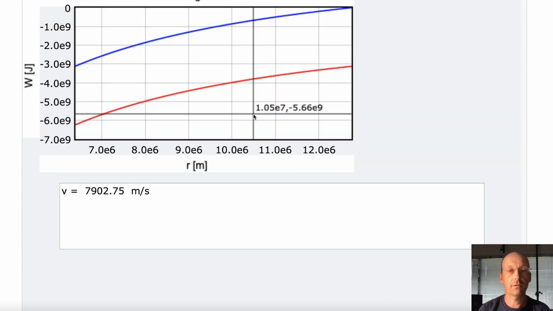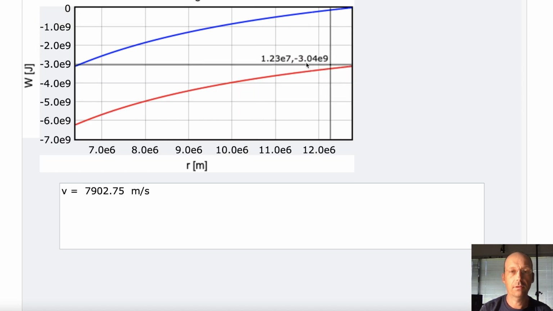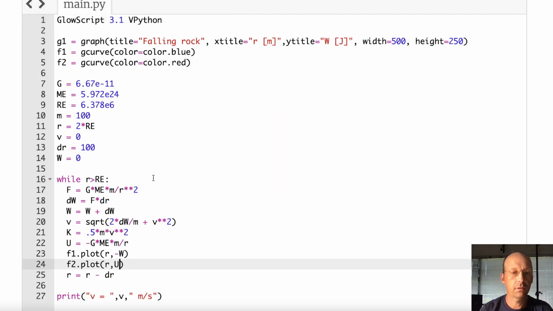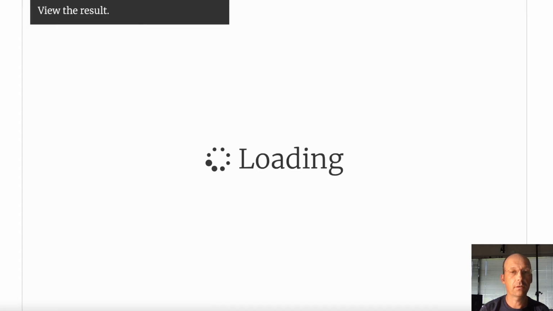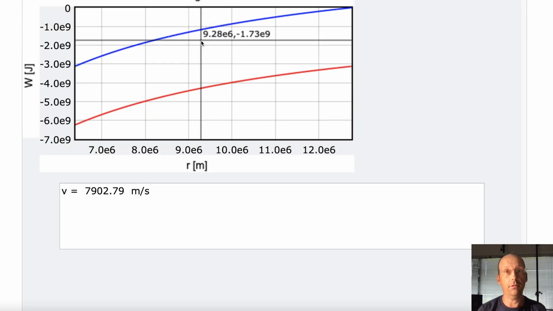And they're different. Why are they different? Are they different? G M over R, negative W. I wonder if it's because my step size is too big. Oh, it got mad now. No?